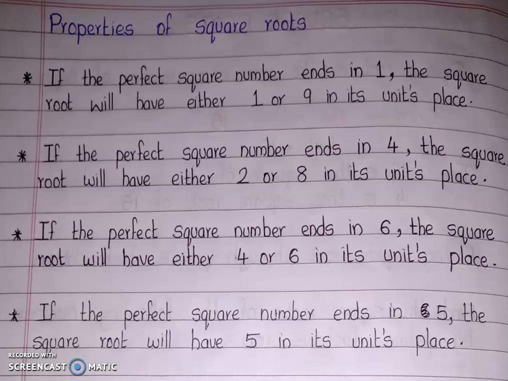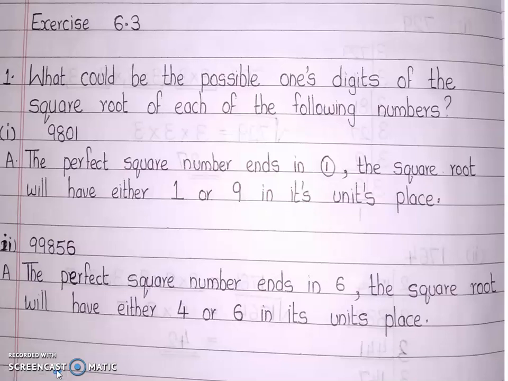Exercise 6.3 uses this. Let us see the sum of the types here. What could be the possible ones digit of the square root of each of the following numbers? 9801. You are given the perfect square number here. You are going to find the square root. In the square root, what will be the units digit?